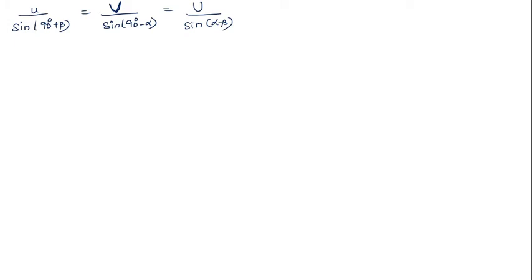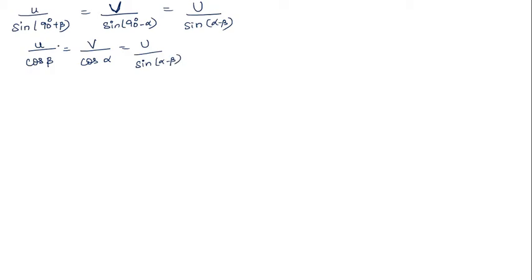We know that sine of 90 plus theta or sine of 90 minus theta will lead to cos theta. So this will be u by cos beta, which is equal to capital V by cos alpha, which is equal to capital U by sine of alpha minus beta.